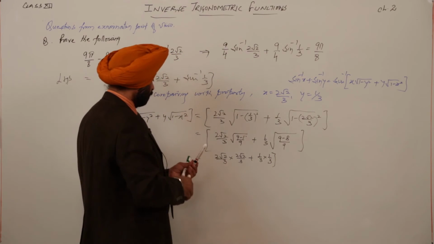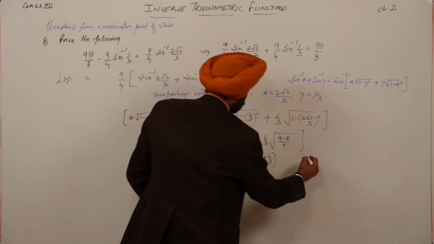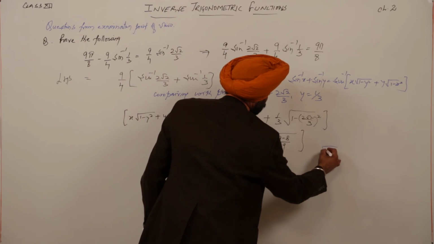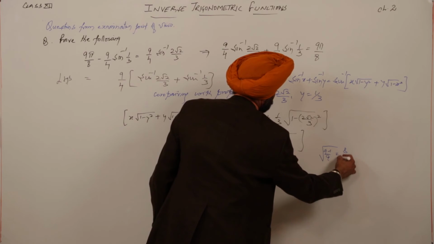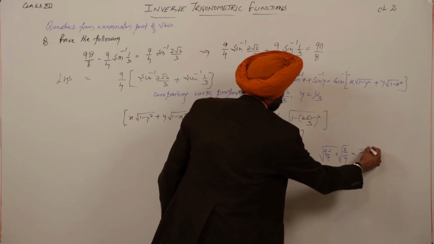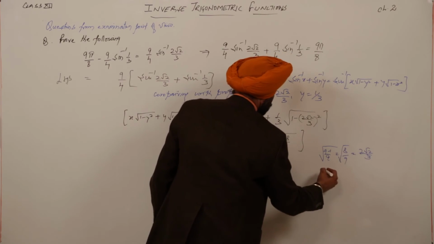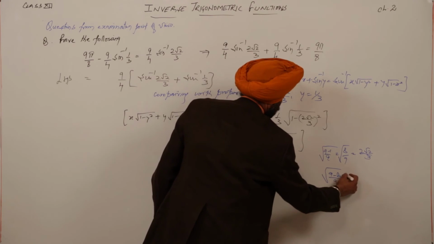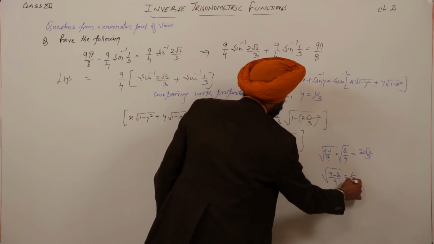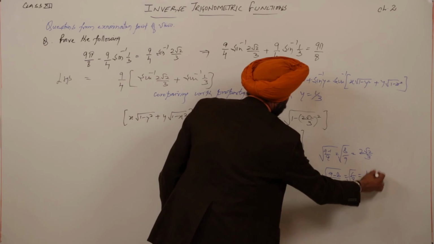So again we can just highlight this one, that square root of 9 minus 1 upon 9 is equal to 8 upon 9 and this is equal to 2 root 2 upon 3. Similarly, square root of 9 minus 8 upon 9 is equal to 1 upon 9 is equal to 1 upon 3. Okay.